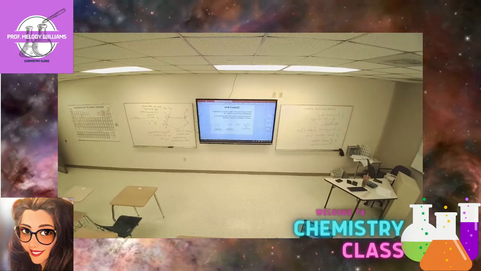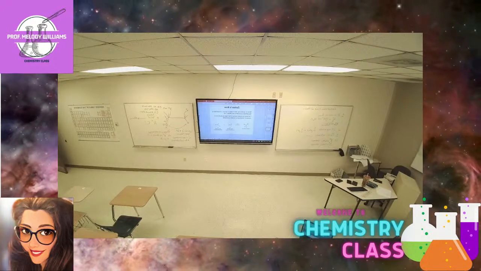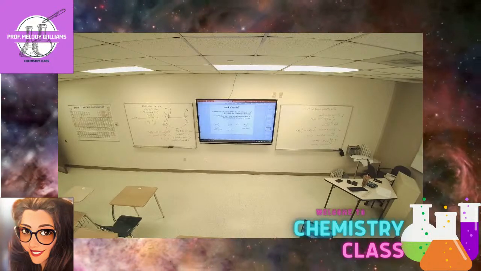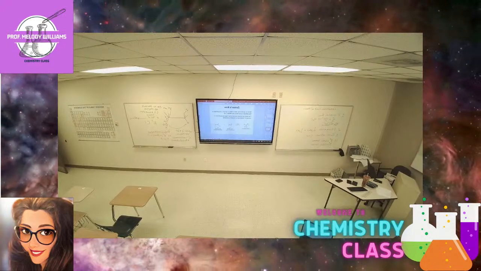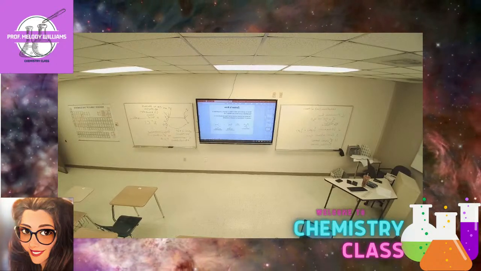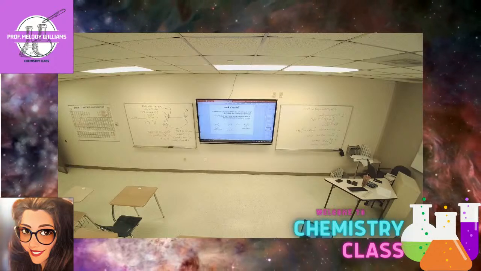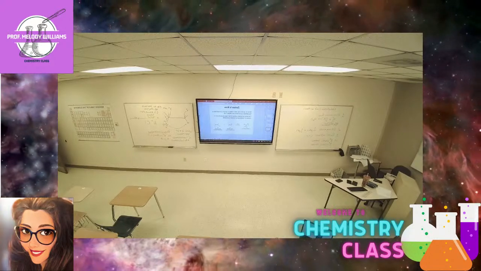Your main carbon, the more carbons you have around it, the more versions of double bonds you're going to have. So isomers.